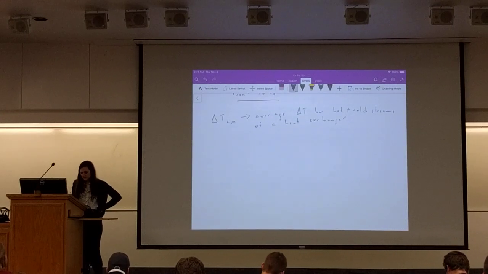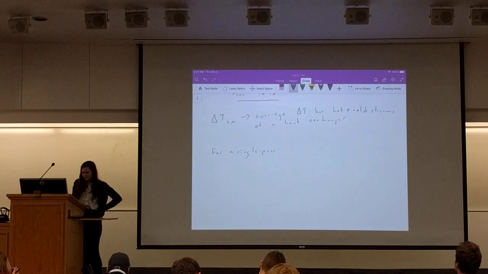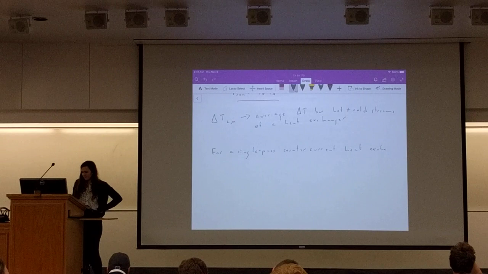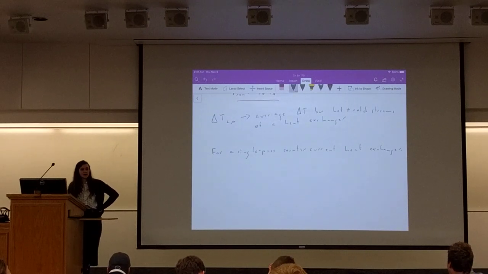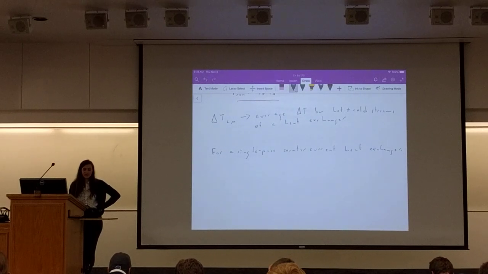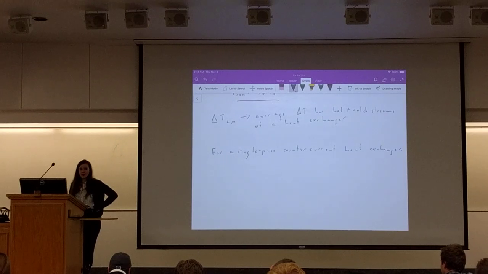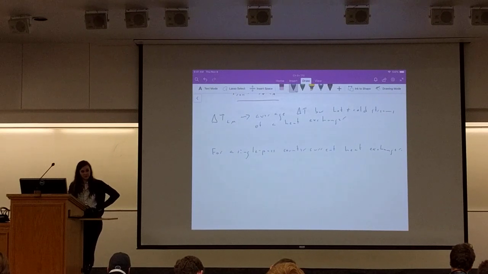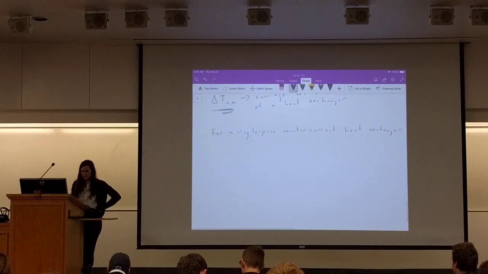The delta T log mean you learned was for a single pass countercurrent heat exchanger, which is a very simple case, and it's the only one we're going to use in this class ever. If you had more unusual or more complicated heat exchangers, you might need some other way of finding an average temperature difference to go in that equation. We will always just use delta T log mean.